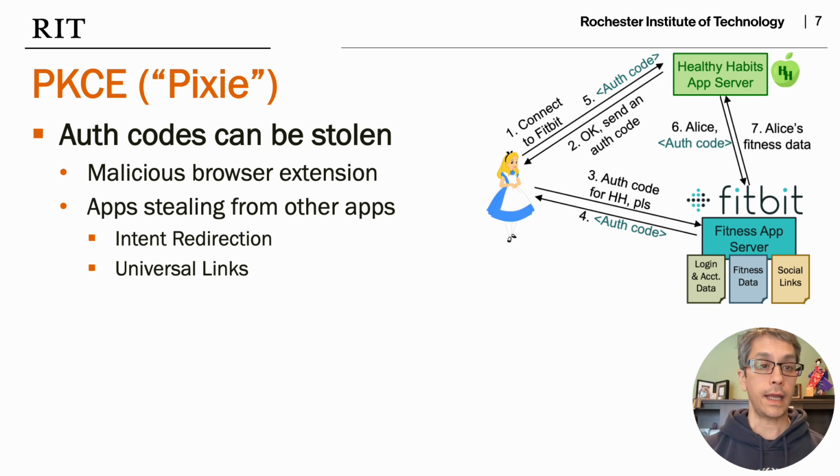We could also have apps stealing from other apps. If we're talking about mobile apps, we have issues like intent redirection and universal links that can facilitate those apps getting auth codes. We have that auth code being sent around in messages 4, 5, and 6, and we don't want those to be stolen at the client, at Alice.